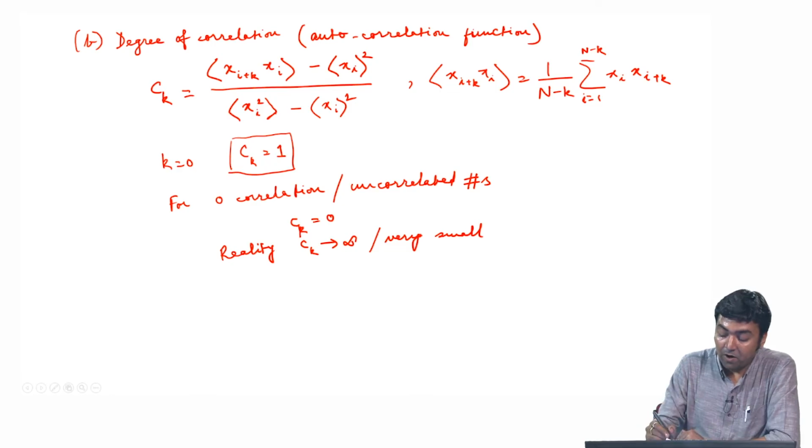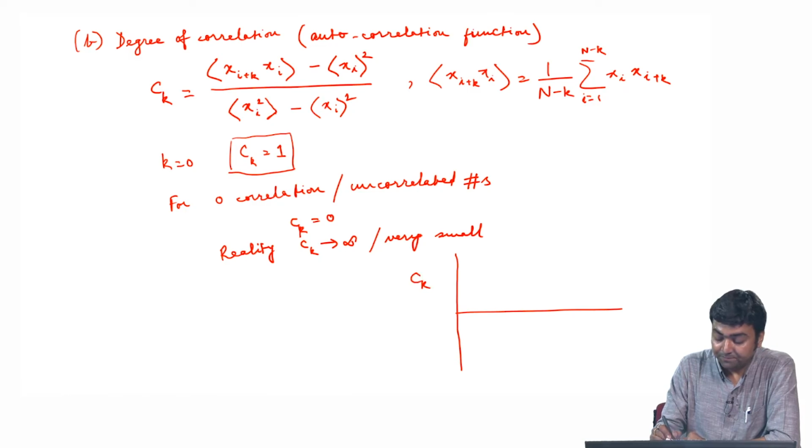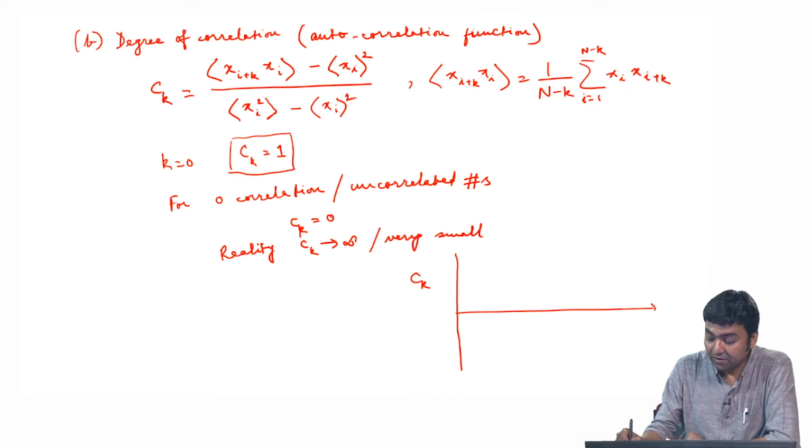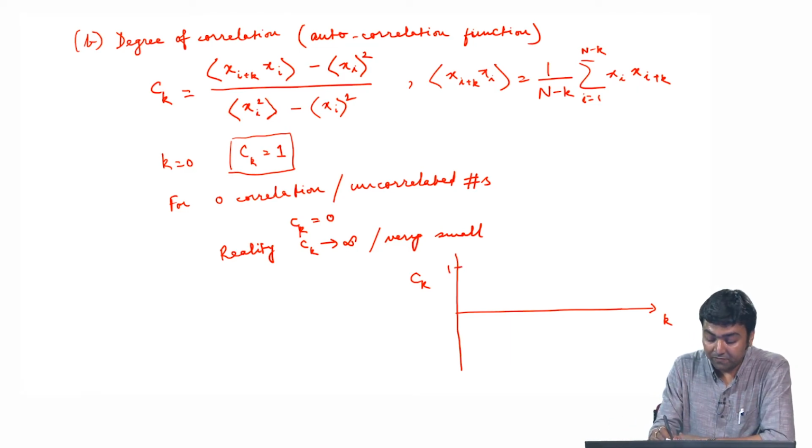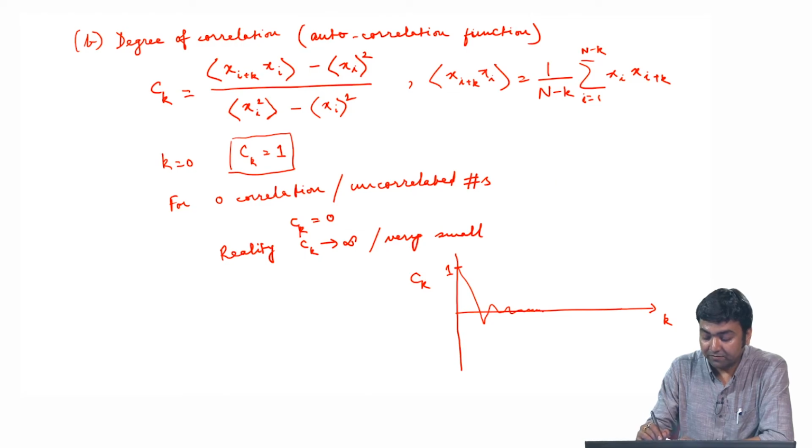One way to test it is to plot your C k as a function of k. You will find for k equals 0 it is somewhere here at 1, and C k equals 1, but after that it should very rapidly decay to 0 and then sort of hover around 0.